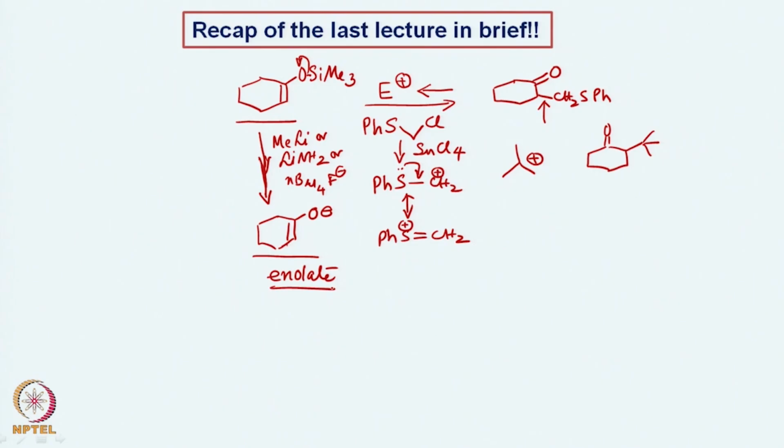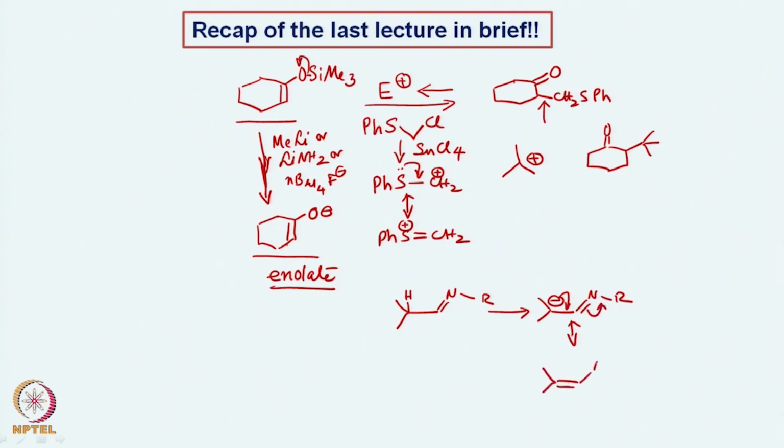And then we saw the chemistry of imine. So, we had something like this, where we had an imine where the proton alpha to the imine group can be deprotonated, and we can generate an enamine of this type where we can write the resonance structure as this.